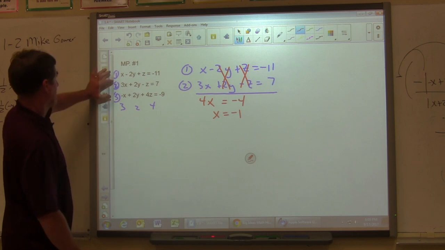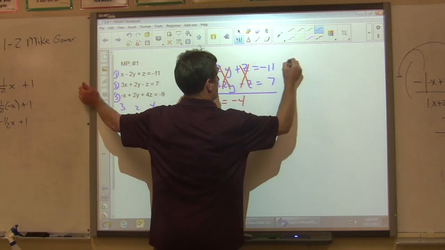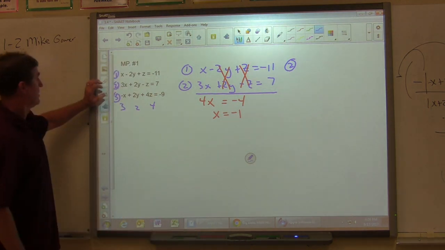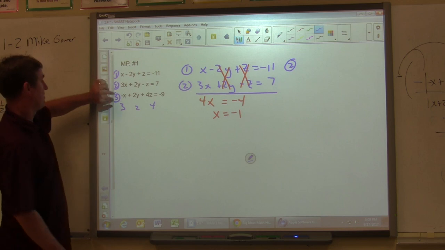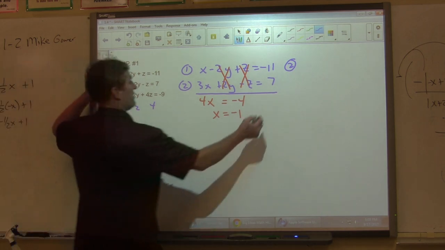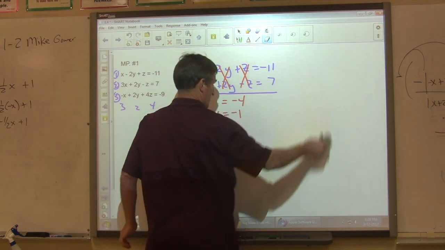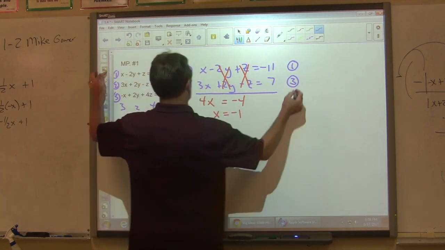I still need to get rid of the z's, so now I'm going to use 2 and 3. Actually, I'm going to use 1 and 3 because those are opposites. If I did 2 and 3, I'd have to multiply one of those by -1, so I'm going to use 1 and 3. So 1's going to stay the same.